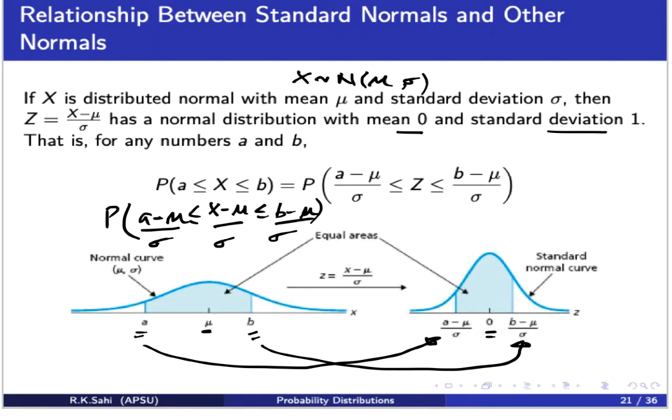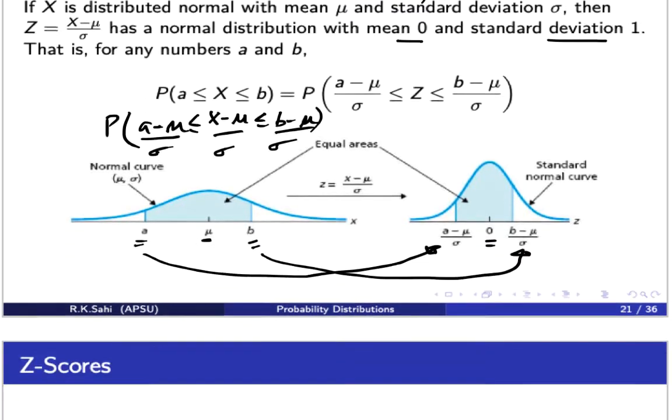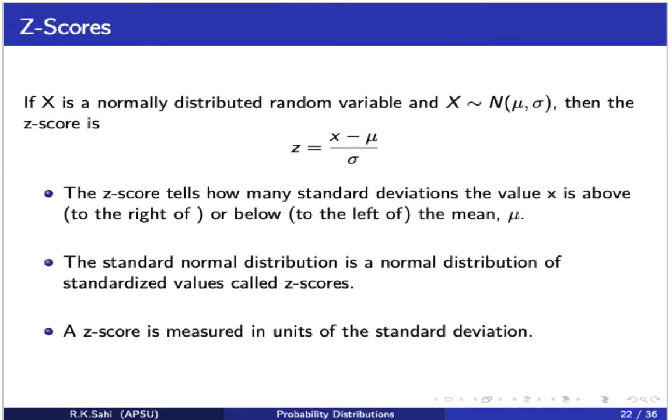Now let's talk about Z-scores. Remember when we were doing chapter 2, descriptive statistics, we talked about Z-scores. So Z-scores are nothing but x minus mu over sigma. If you have a normally distributed random variable, say capital X, then the Z-score is basically x minus mu over sigma.